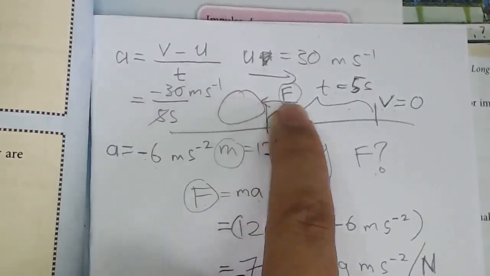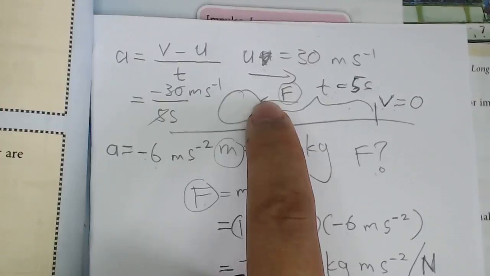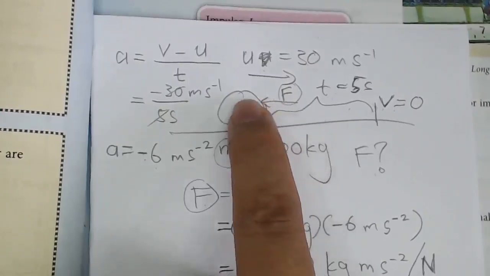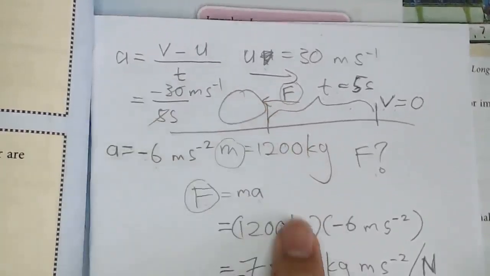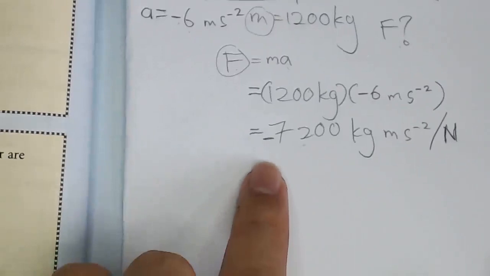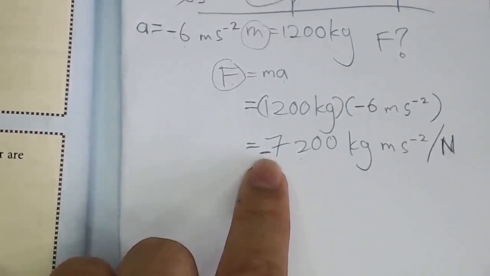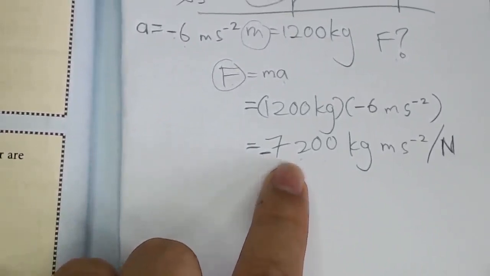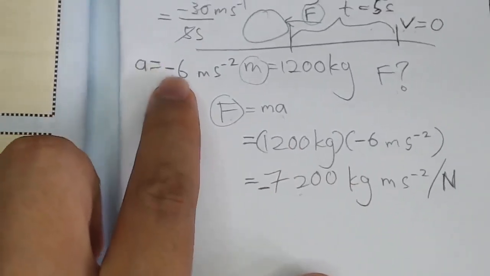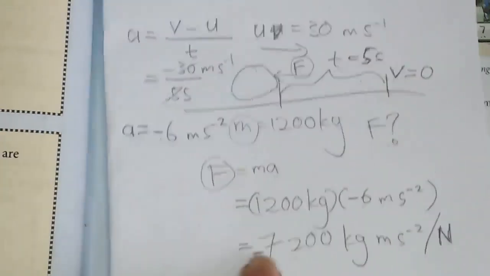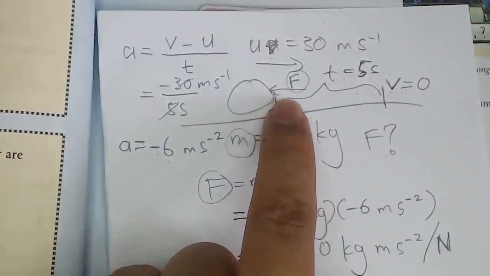This car moved to the right, correct? While the force exerted on this car is on the opposite way, to the left. So this is why we got negative here. Negative for A means deceleration. Negative for force means the force is applied in the opposite way of the direction of the object.